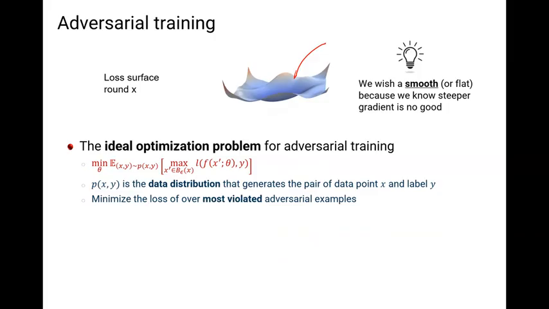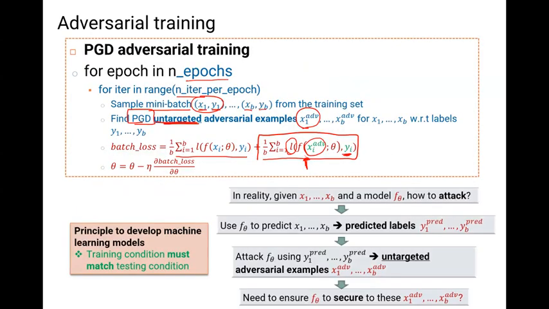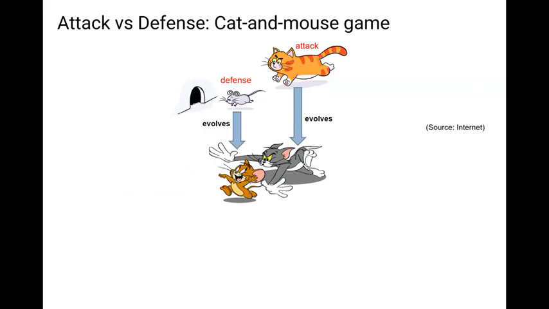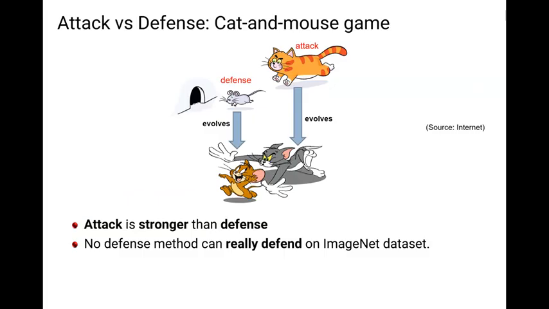So hopefully we can create a smoother, flattened loss surface through what we call adversarial training. But unfortunately, I still have to say that this is not 100% proof against adversarial attack. So this is the reality.